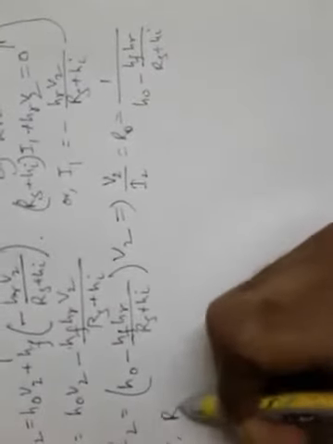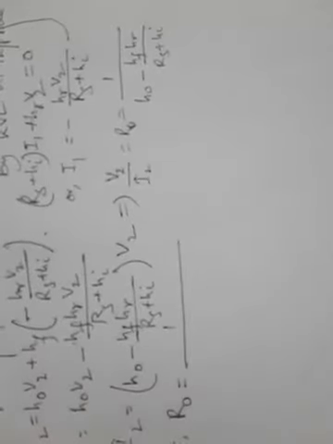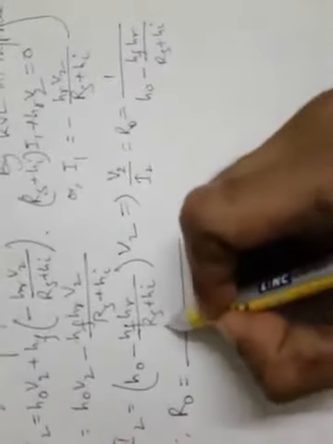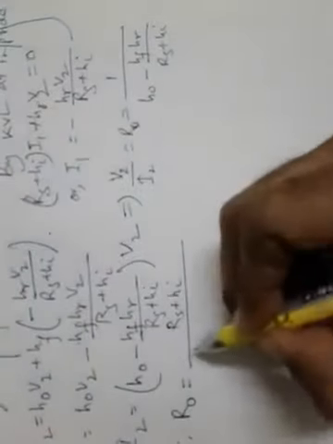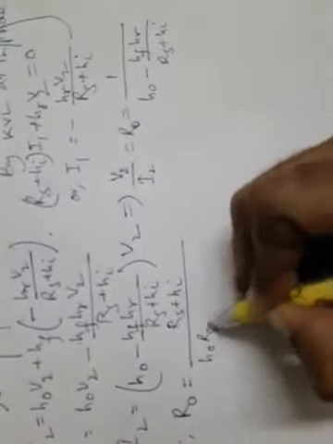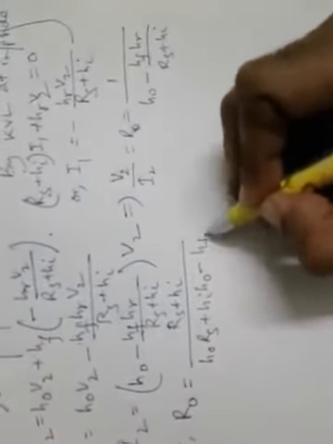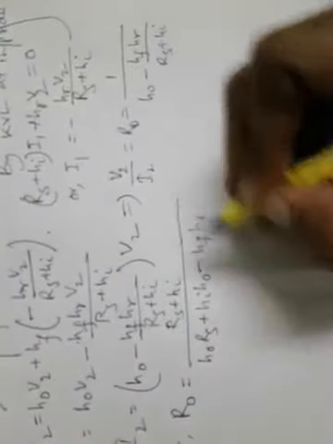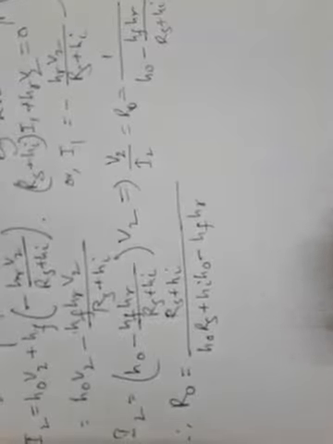Now do the simplification. RO equals, in the numerator, RS plus HI, divided by HORS plus HIHO minus HF HR. Okay, so this is the expression to be remembered for solving numerical problems.